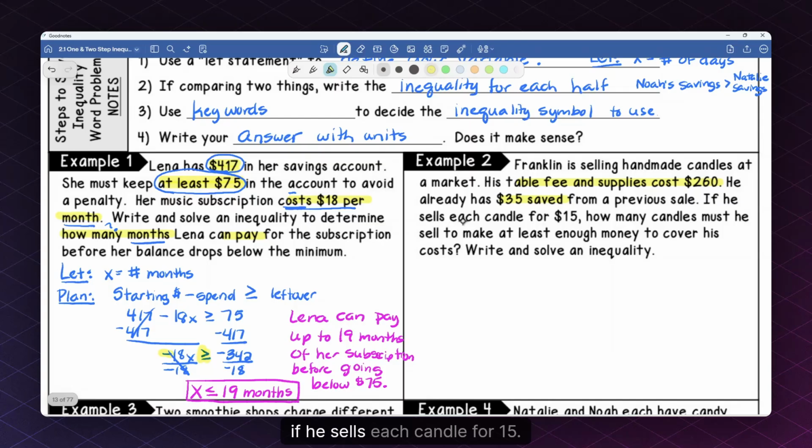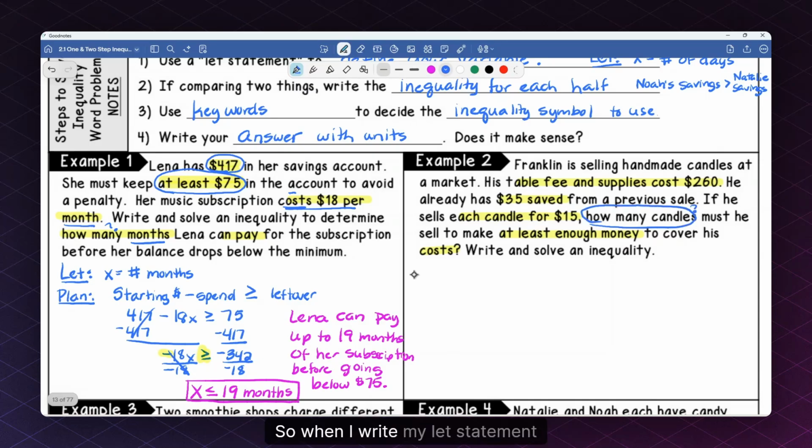If he sells each candle for 15, so each candle is 15, how many candles must he sell to make at least enough money to cover his costs? Okay, so the question that we see here, we see this. How many candles must he sell?